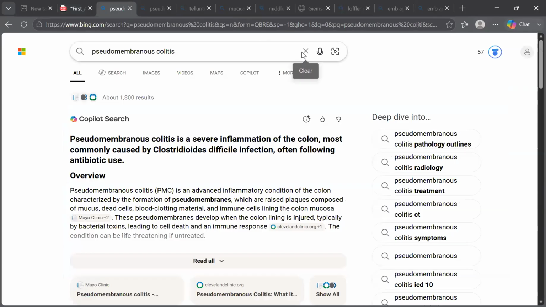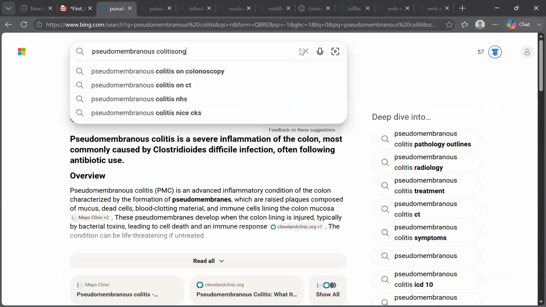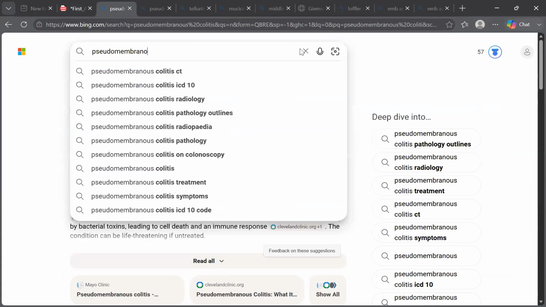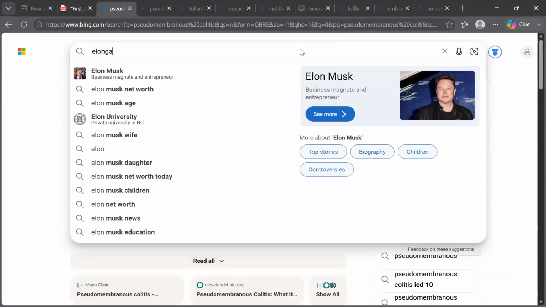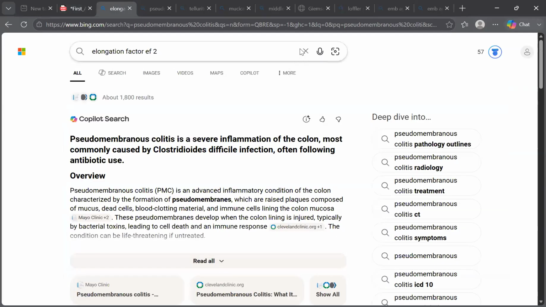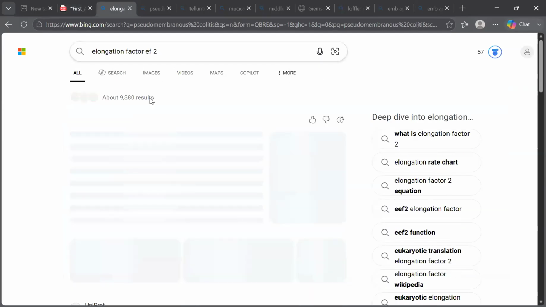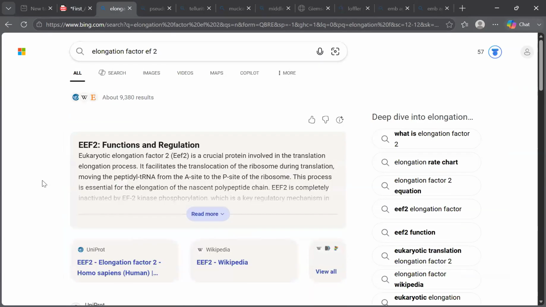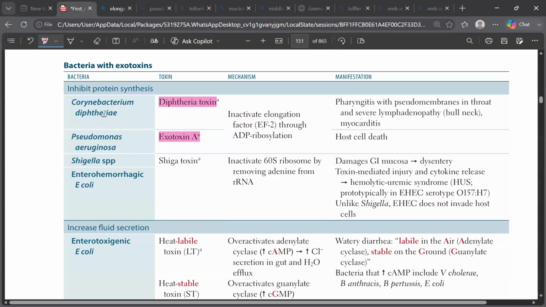Elongation factor EF2. Involved in the translational elongation process. It facilitates the translocation of the ribosome during translation, moving the peptidyl transfer RNA from the A site to the P site of the ribosome. So both Corynebacterium diphtheriae and exotoxin A inactivate this elongation factor.